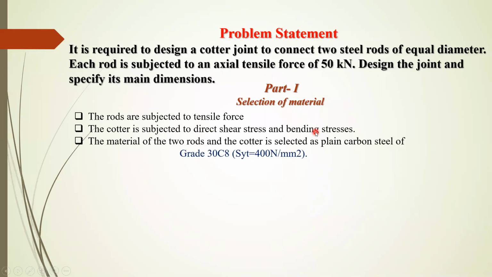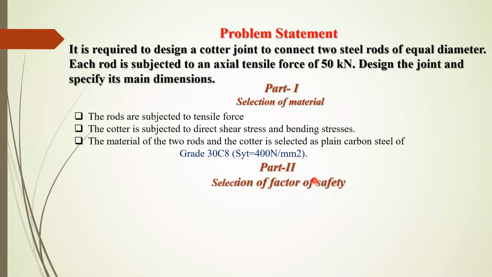Simple bending stress is there and direct shear stress is there only. Based on that we select the material for the two rods and the cotter: a plain carbon steel of grade 30C8, having Syt 400 Newton per mm square. This is the basic material we selected for all these components.